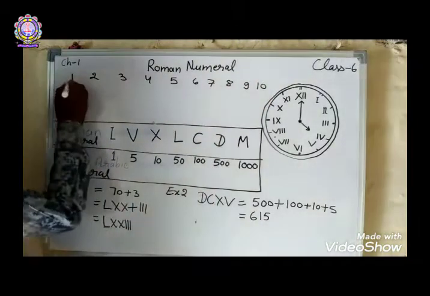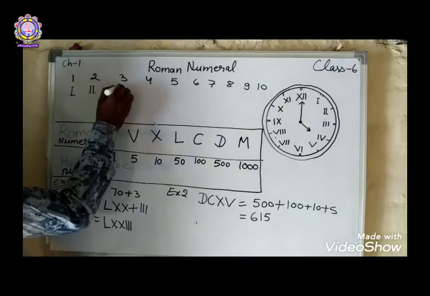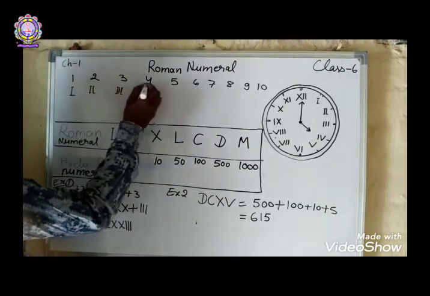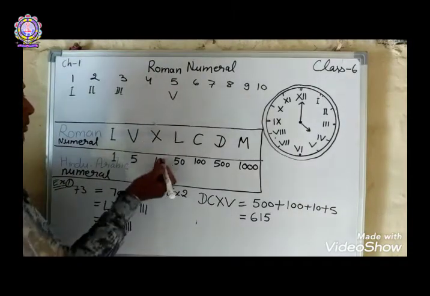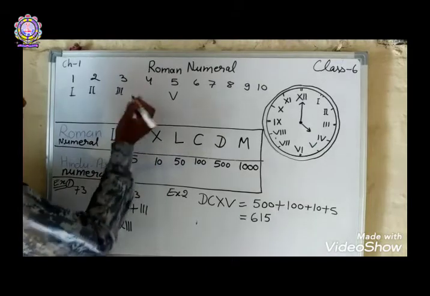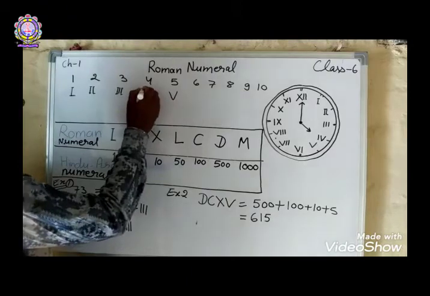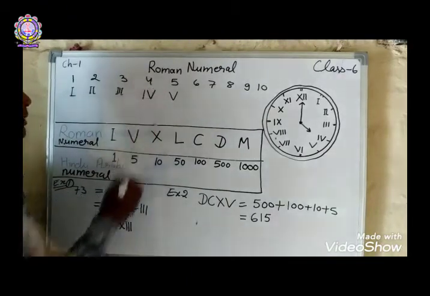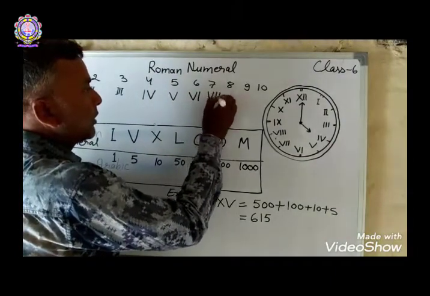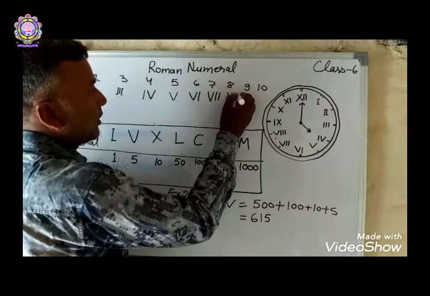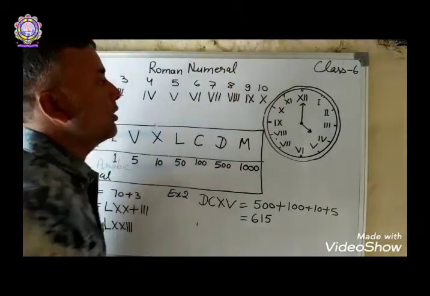Check it: 1 is I, 2 is double I, 3 is triple I, and here for the 4, first we write the 5, V, and 4 is 1 less than 5. So we subtract I from V. Here VI, here V double I, here V triple I, here 9, here 10.